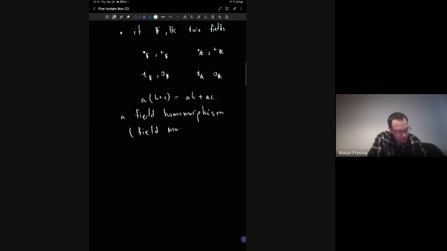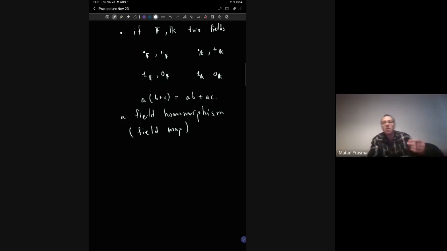It's like an enveloping terminology that you can use. A group homomorphism is a group map. A field homomorphism is a field map. A ring homomorphism is a ring map, and so on. We will have more structures in the future, and for each of these structures, we want to have a notion of a map that is compatible with the structure.